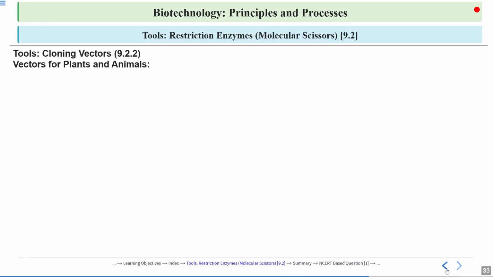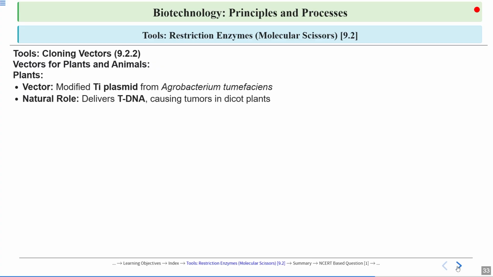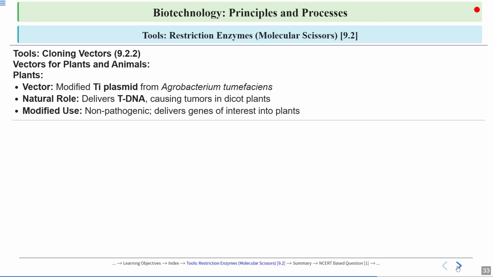So after this, there are also some vectors that can be used for plants and animals. For plants, we use a vector which is the modified Ti plasmid, obtained from Agrobacterium tumefaciens. We have seen that this Ti plasmid transfers a T-DNA which can cause tumors in plants. So now what we can do is modify it, make it non-pathogenic, and deliver the gene of interest into the plants.